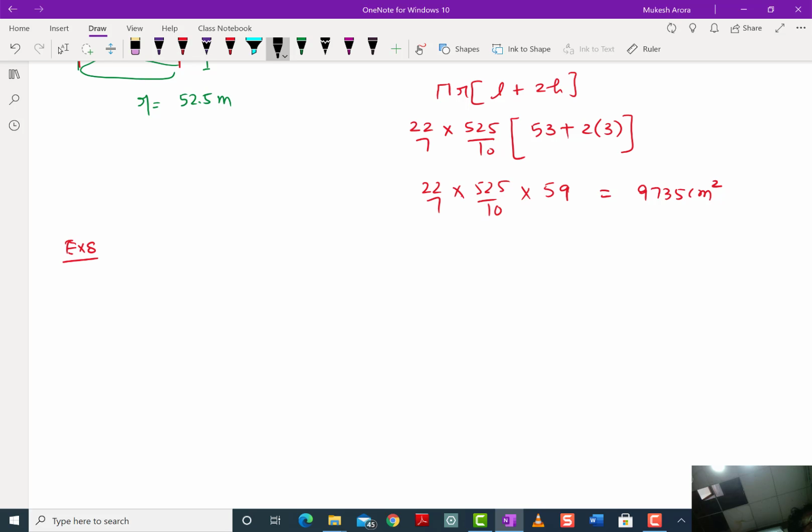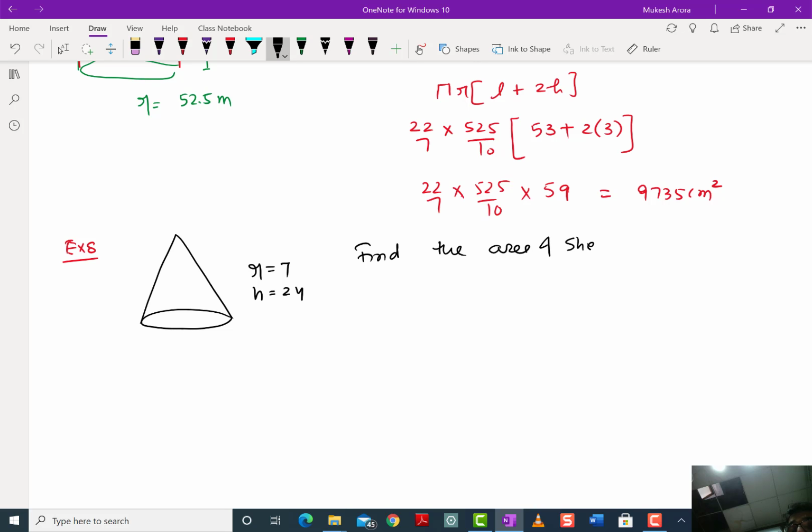And the last sum of this part is example 8. A joker cap is in the form of a cone with radius 7, height 24. Find the area of sheet required for 10 such caps.